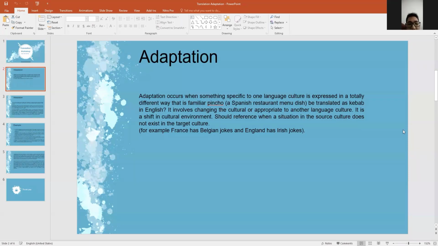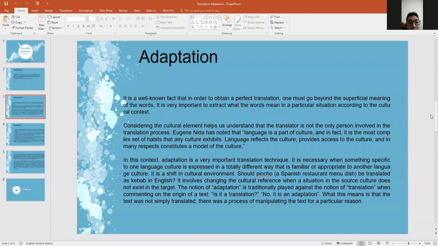It involves changing the cultural reference when a situation in the source culture does not exist in the target culture. For example, French has Belgian jokes and England has Irish jokes. It is a well-known fact that in order to obtain a perfect translation, one must go beyond the superficial meaning of the words.